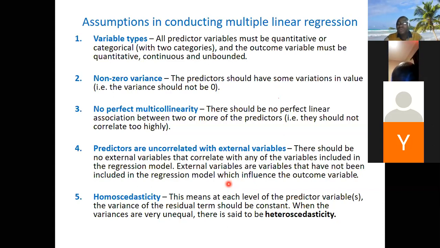Sometimes you may have a clue about this. By the time you do your analysis and see that with all the effort your R square is so small, that shows that there are a lot of variables, even factors, that you have not included.